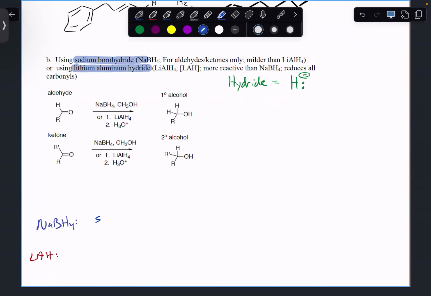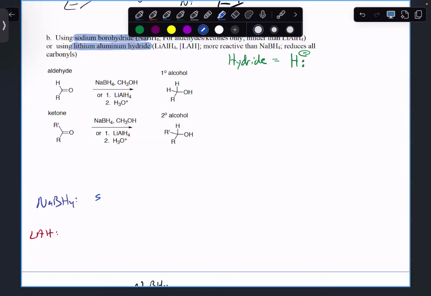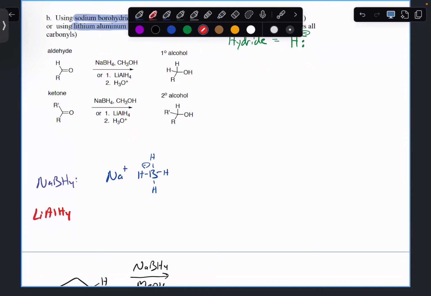Now, you can see the formula for sodium borohydride down below. What that really looks like is you have a sodium ion, and then you have the BH4 minus ion. The second one is a very similar reagent, that's the lithium aluminum hydride.